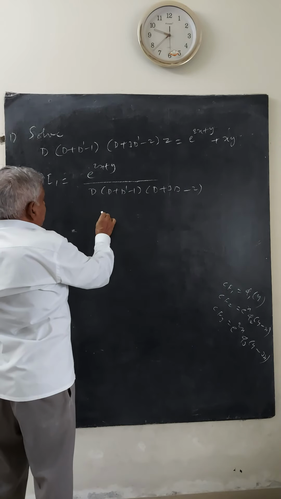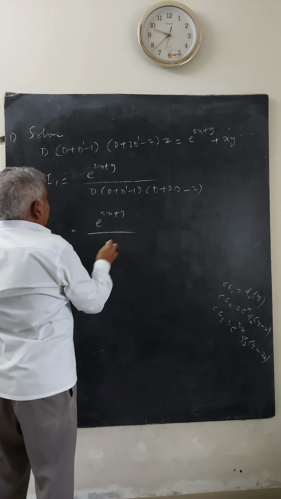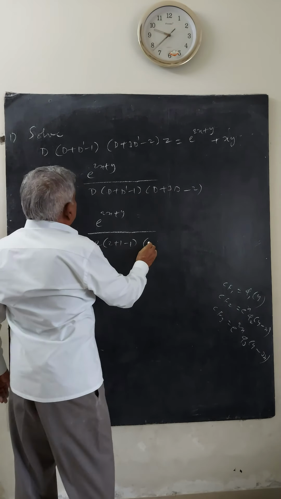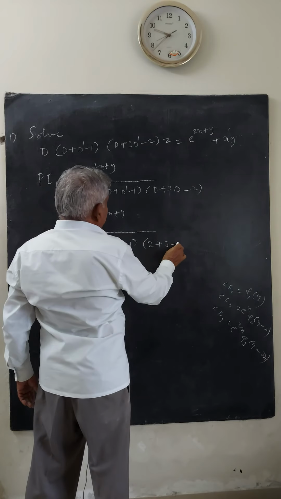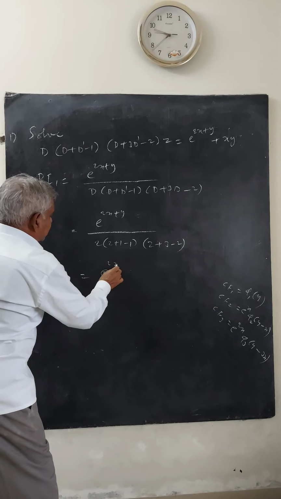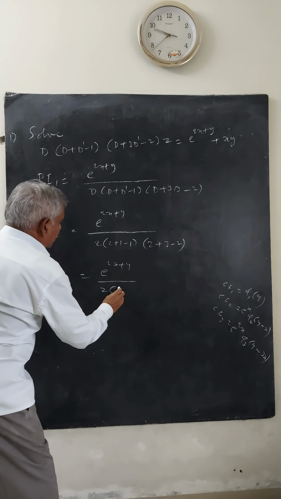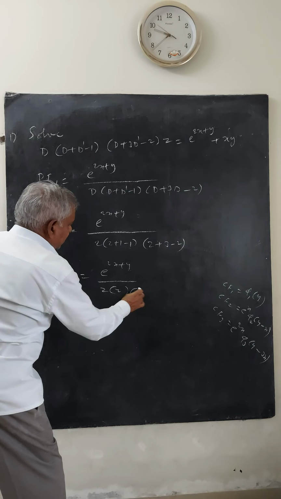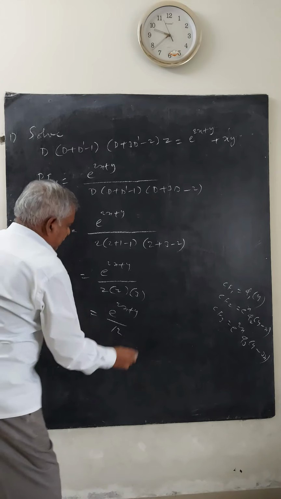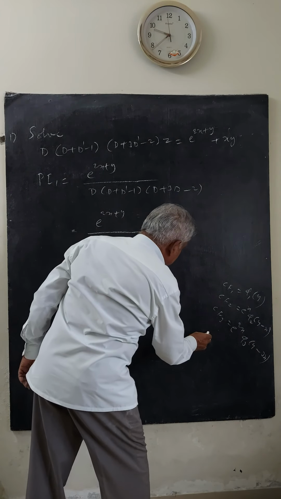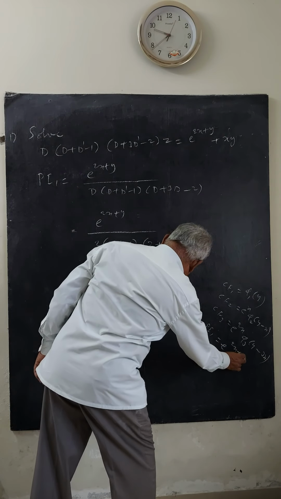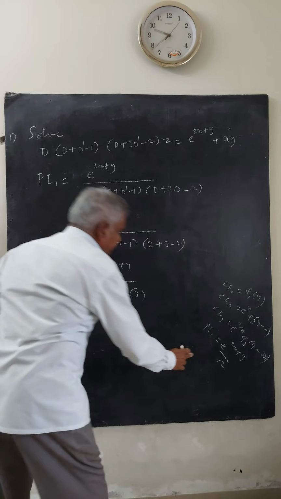Therefore, e^(2x+y) divided by (2 + 1 - 1)(2 + 3 - 2), which is e^(2x+y) divided by 2 into 3, so e^(2x+y)/6. PI1 = e^(2x+y)/6.